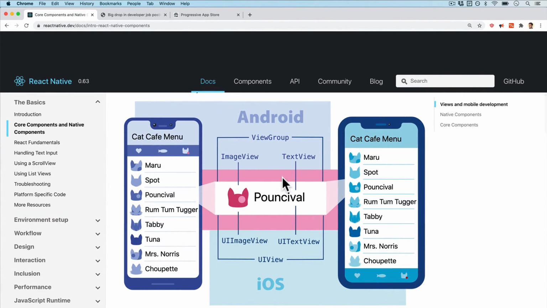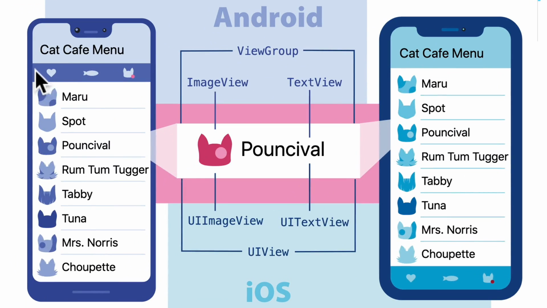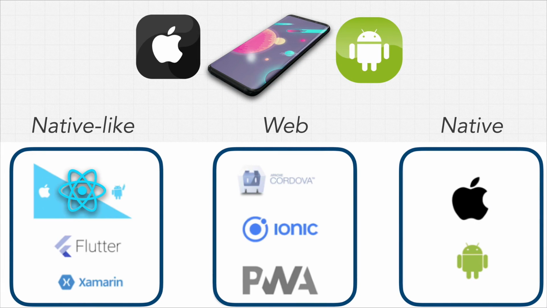Also, Android and iOS have different looks. For example, on Android, the navigation is usually on the top, while iOS navigation is usually on the bottom. And there's all these different looks and feels of Android and iOS apps. So with this web view option, you kind of had to settle on just one look and hope that it looks good enough.